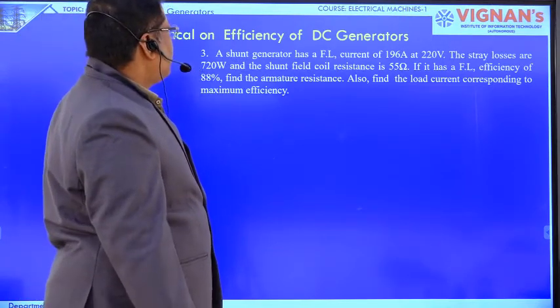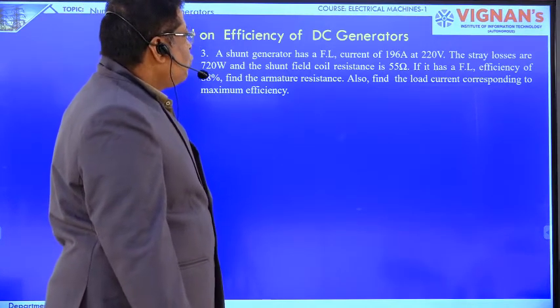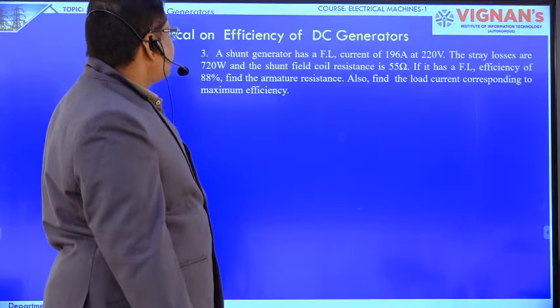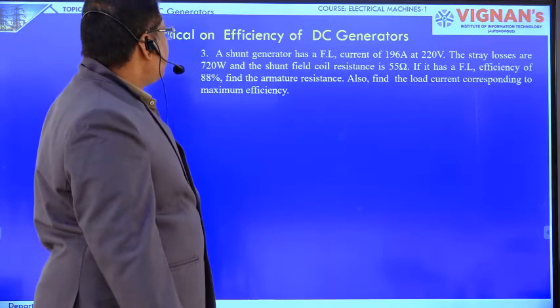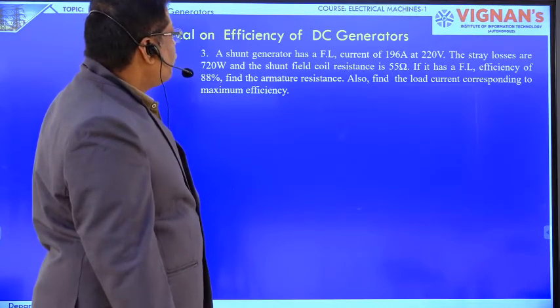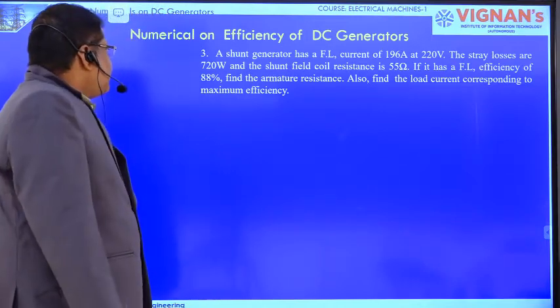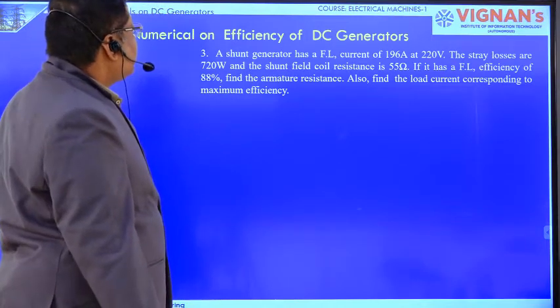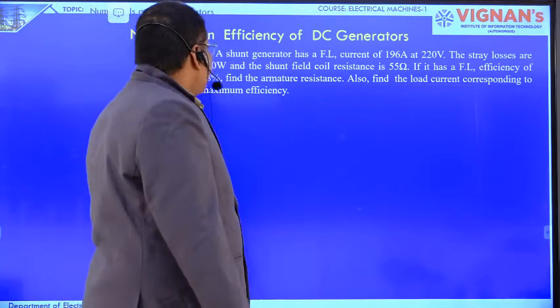Full load current of 196 amperes at 220 volts. The stray losses are 720 watts and the shunt field resistance is given as 55 ohms.